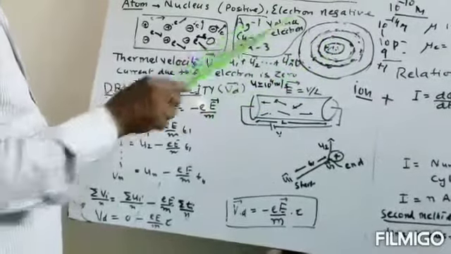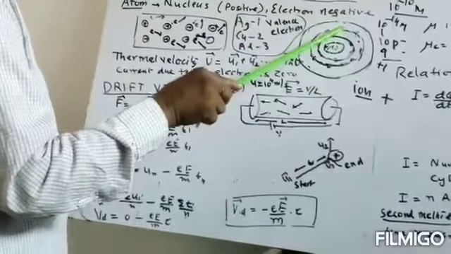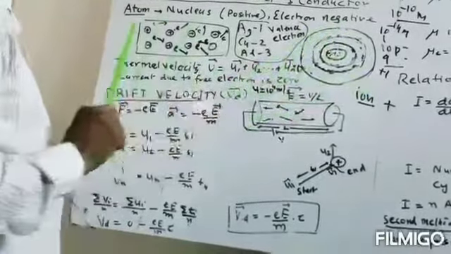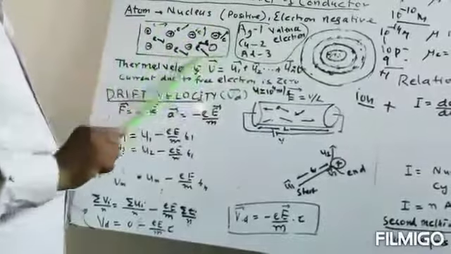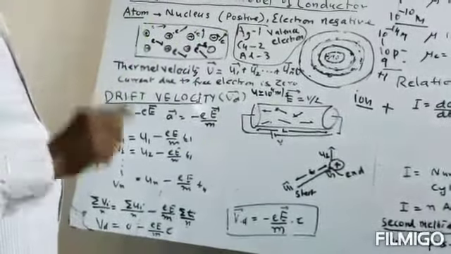If one free electron is out, its charge will be +1. This electron will be inside the conductor. It will not be stationary.